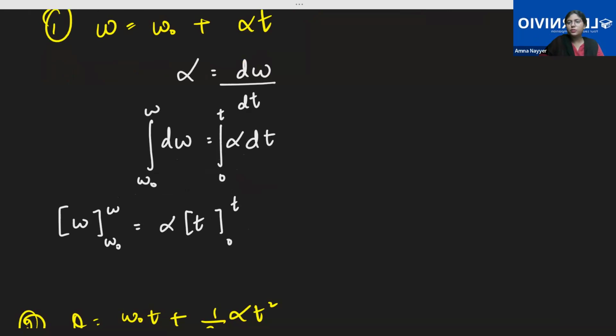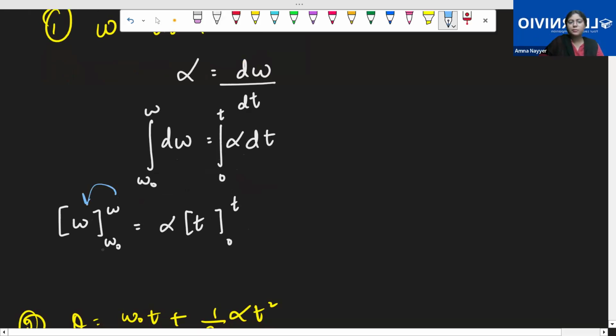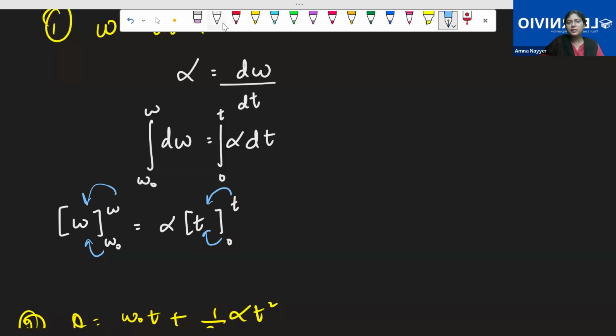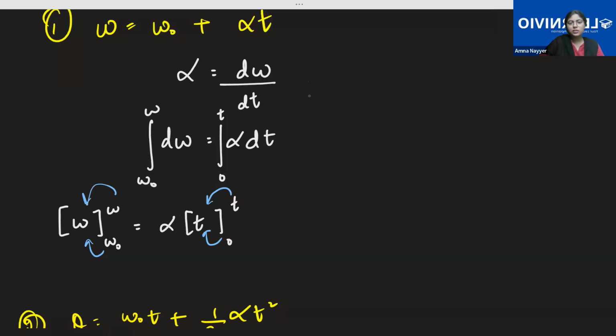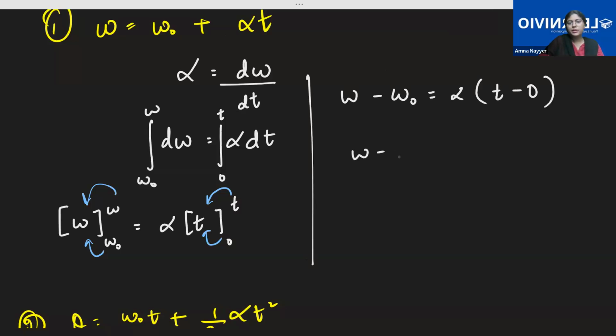Now you are going to put the limits: upper limit minus lower limit, also upper limit minus lower limit. This will be omega minus omega naught is equal to alpha t minus 0. So omega minus omega naught is equal to alpha t. Omega is equal to omega naught plus alpha t.